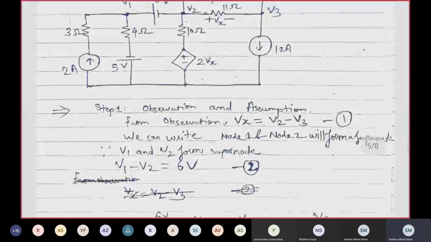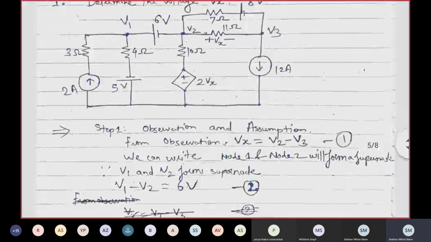And node 1 and node 2 form a supernode. So we can write the equation for this supernode, V1 minus V2 is equal to 6 volt. All of you see here, the positive of the 6 volt is connected to V1 and the negative is connected to V2.